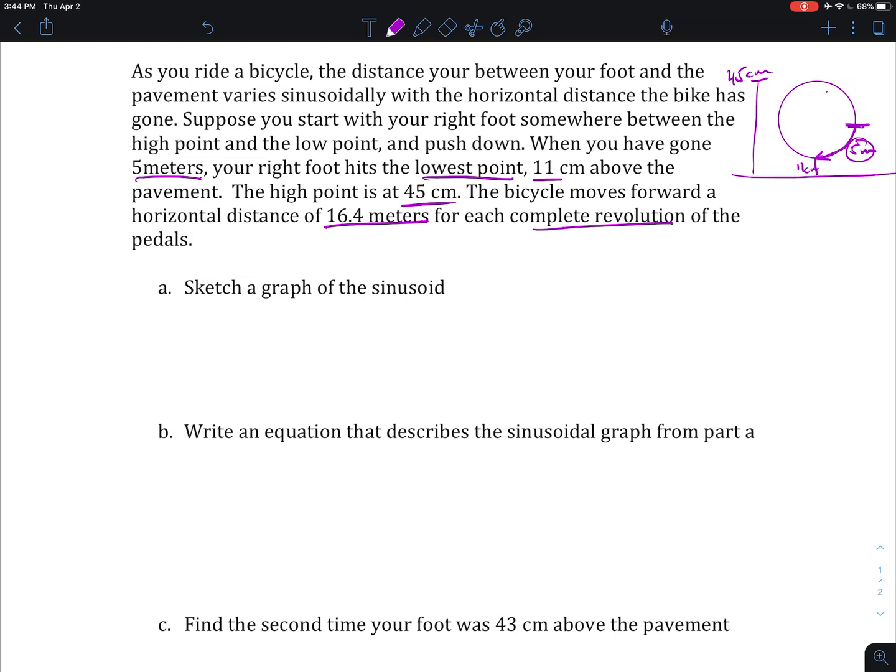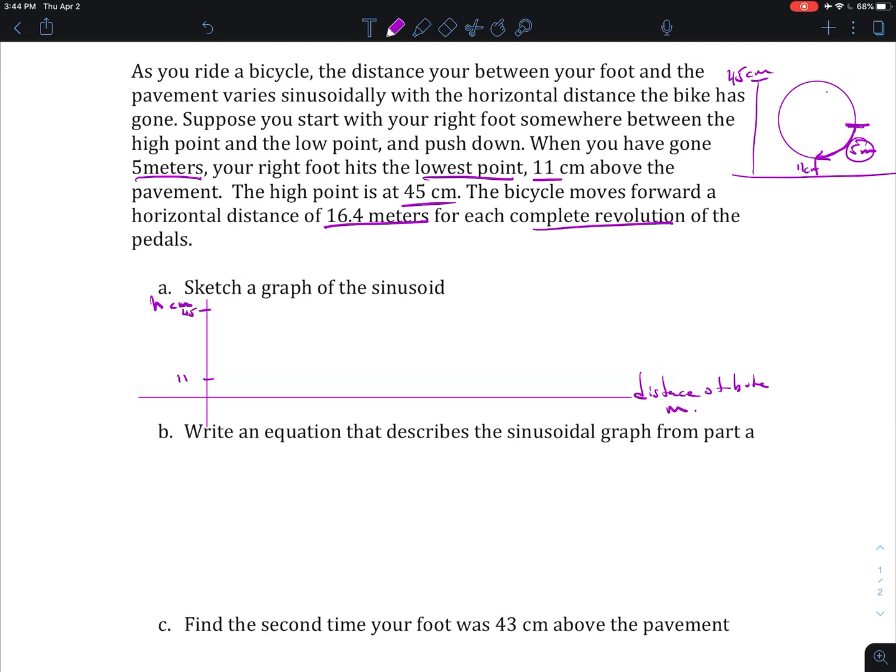Now we need to turn this into a graph, and so we've got our vertical axis, which is the height in centimeters of your foot off the ground, and we're not going to go underground, and this is the distance of the bike, and that's in meters. So starting at some arbitrary point and maxing out, there we go.